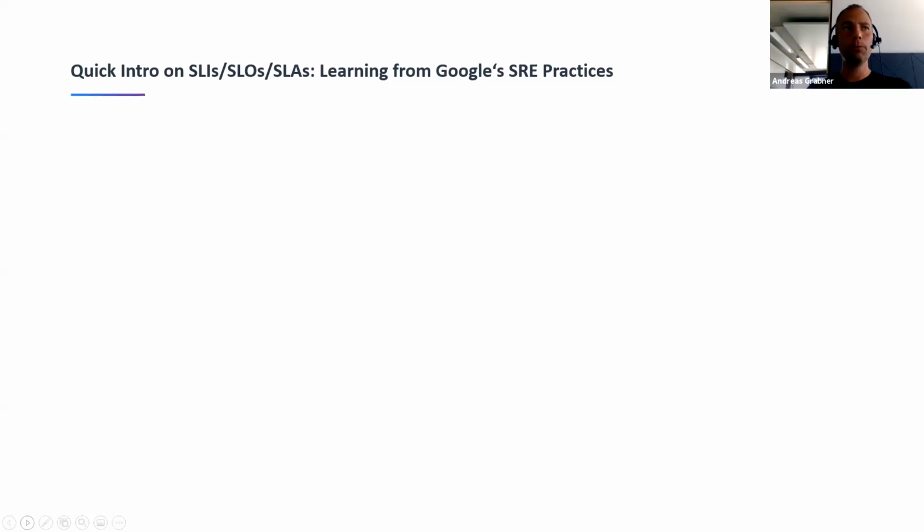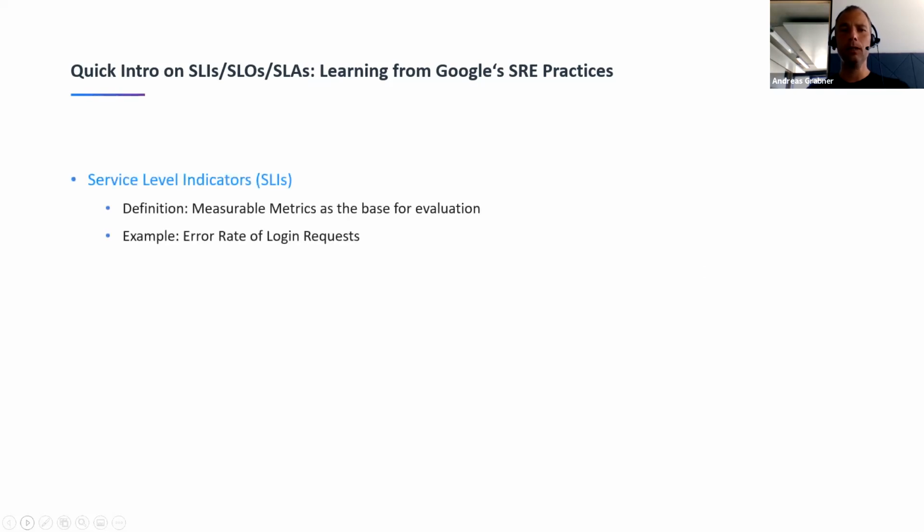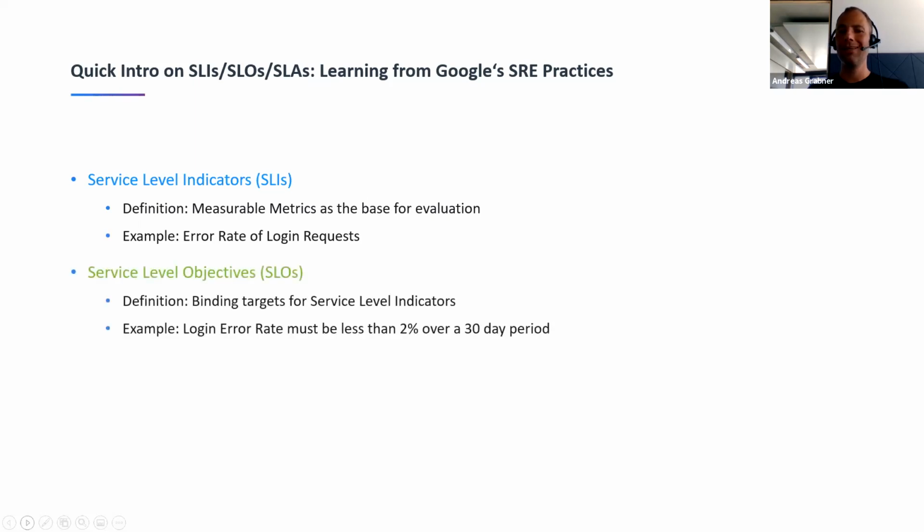Exactly. But for those people that may be new to that terminology, just a quick primer. SLIs stands for service level indicators. To keep it easy, it's basically something that you can measure, like the error rate of, let's say, your login transaction. And SLO is the objective that you have, how that metric should behave in a relevant environment. Let's say in production, the error rate should be less than 2% over a 30-day period of time.